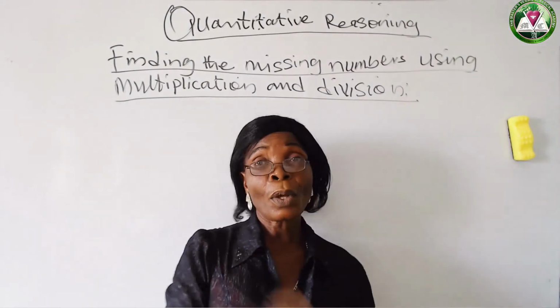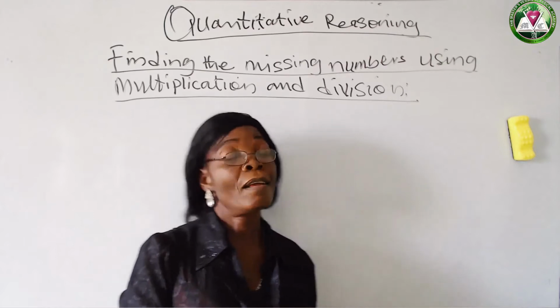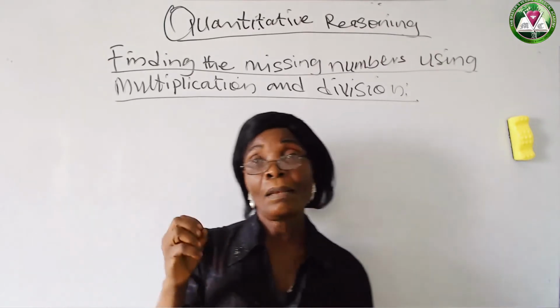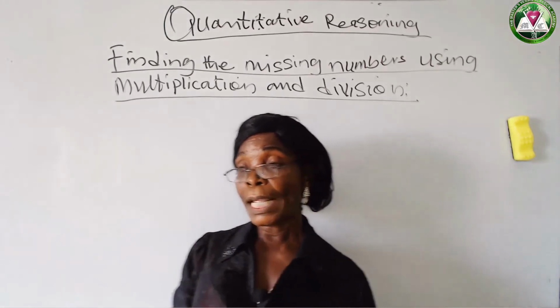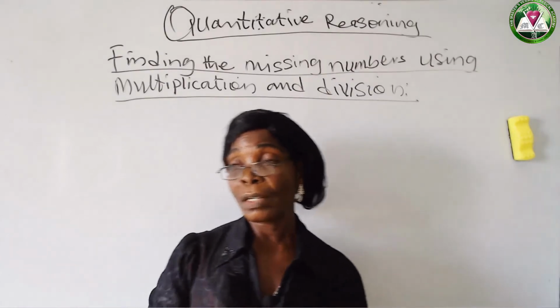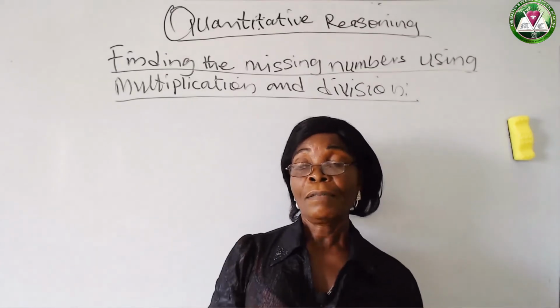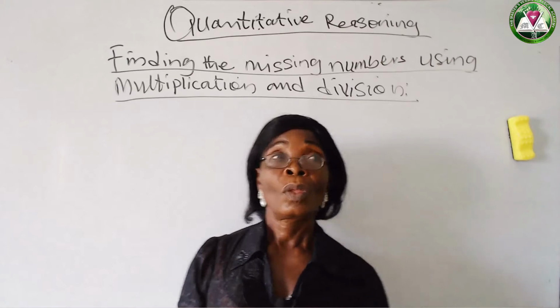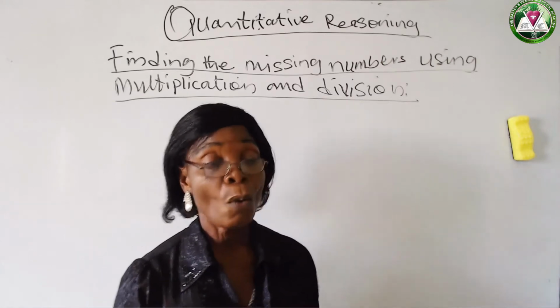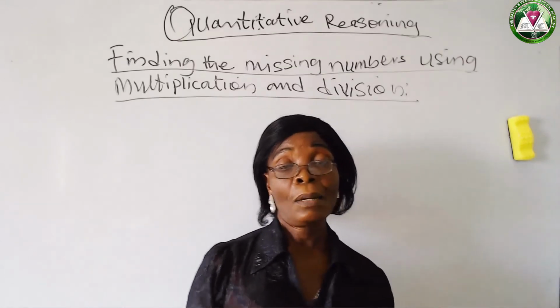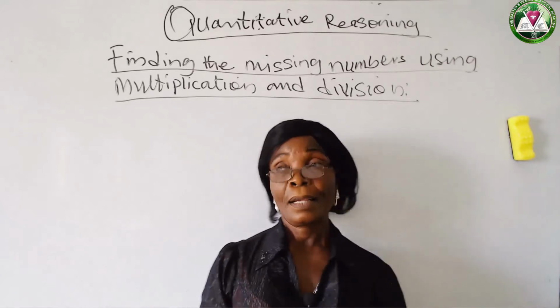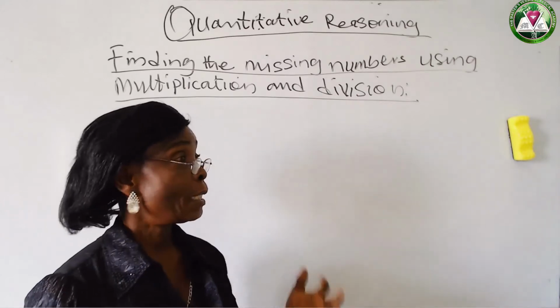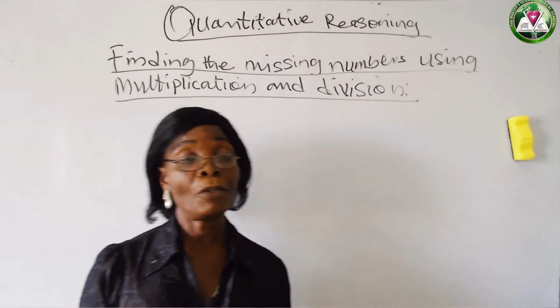I said that the topic says finding the missing numbers using multiplication and division. When you are faced with a problem in quantitative reasoning, there are certain steps you have to take.